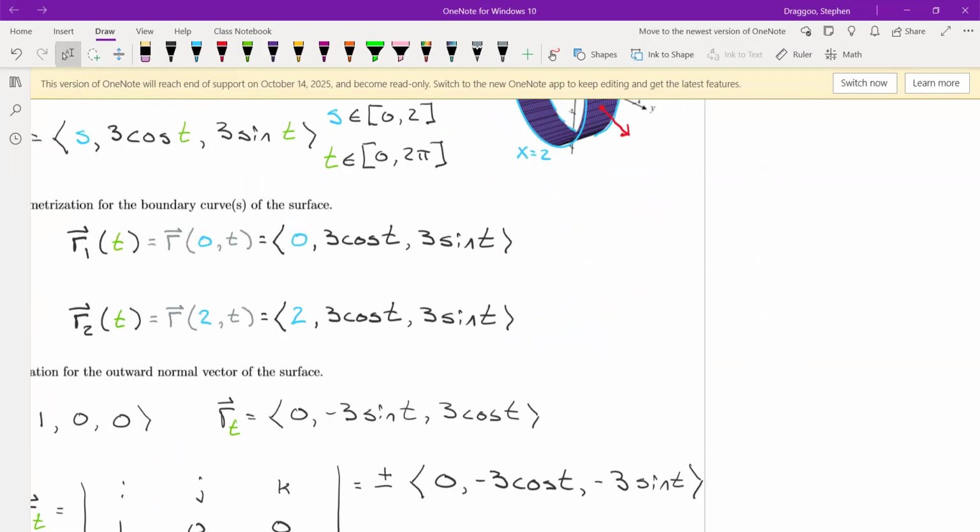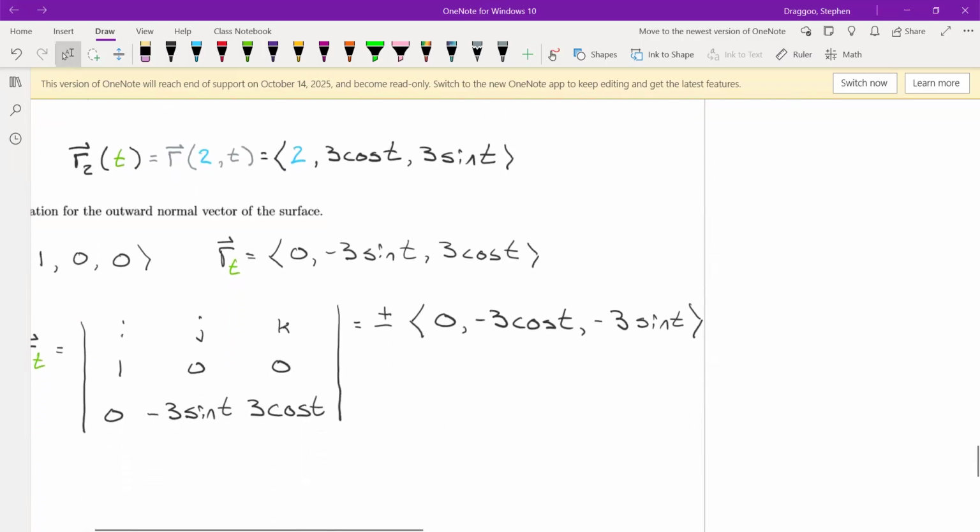But if I wanted to point out, I think I want both of those coefficients to be positive. Sine and cosine will take care of making it negative when I'm pointing in a negative direction. I think I want the coefficients to match the surface equation that I had, which again was 3 cosine t, 3 sine t.